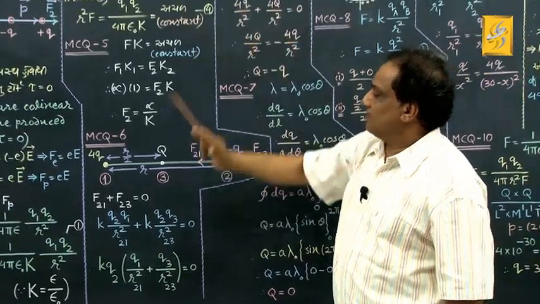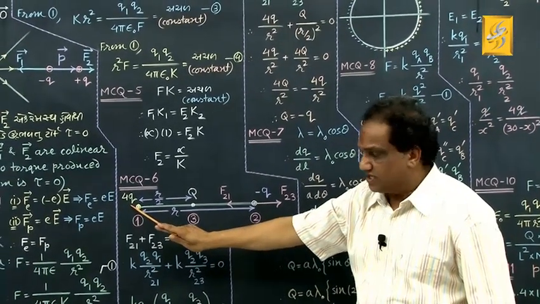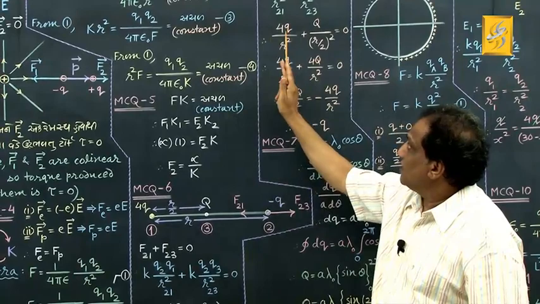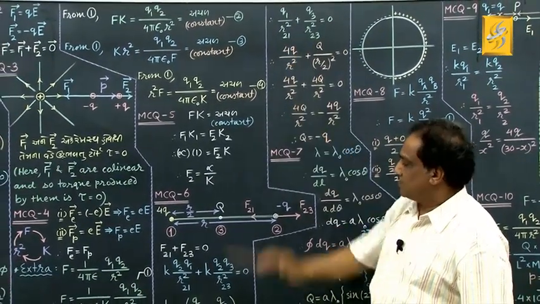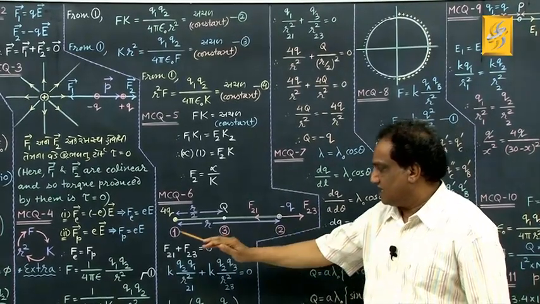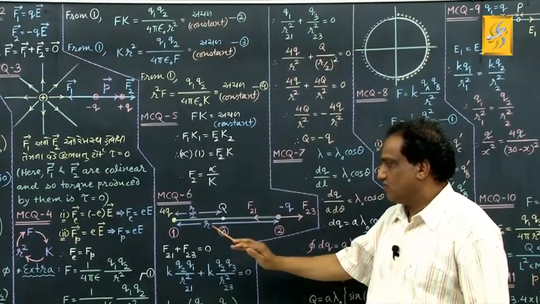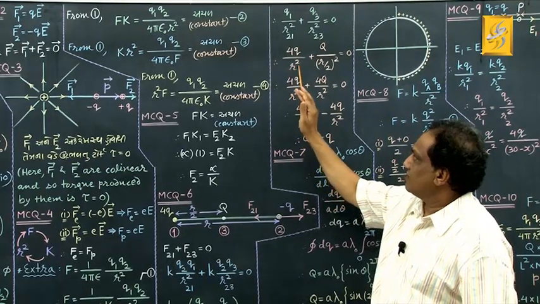Now Q1 is the magnitude of the first charge, which is 4 into small q, upon R21 square. R21 means the distance between the second and first charge, which they have given as small r. So small r square.